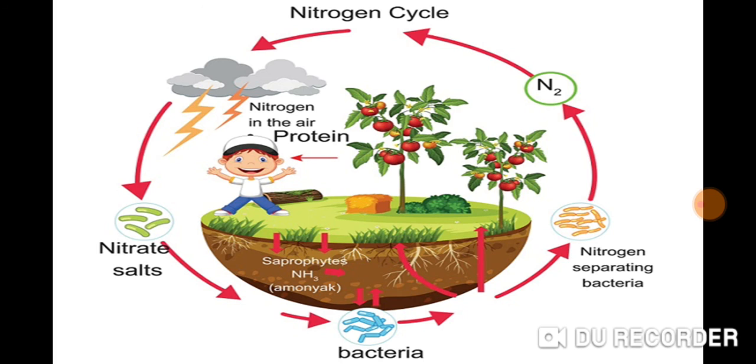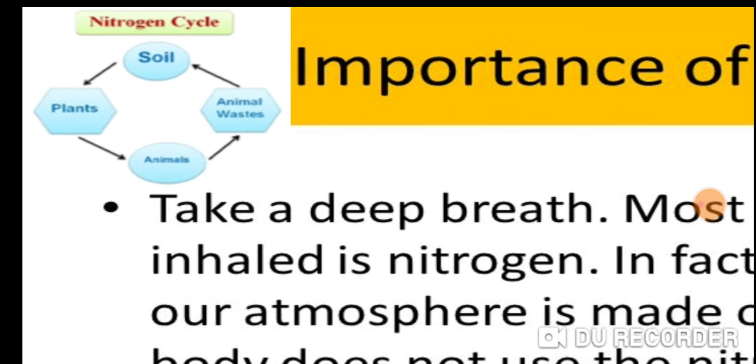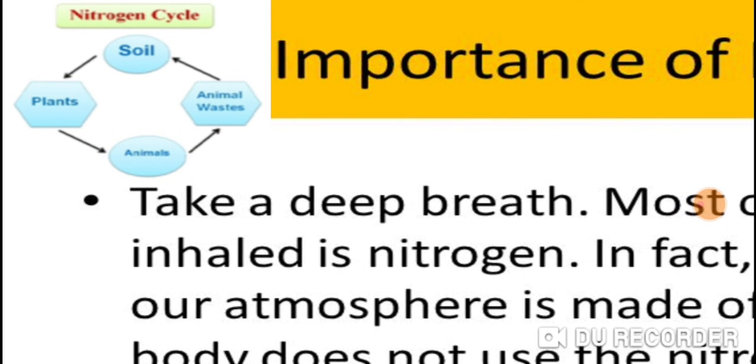So it is basically a circle in which nitrogen travels among the ecosystem. It is a very deep process, and it has further detail. You can see that from soil to plants, plants to animals, animals to animal waste going back into the soil. This is how the simple nitrogen cycle works.